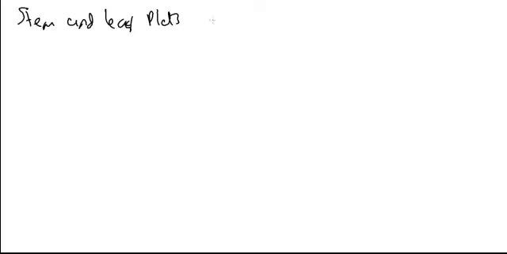So if you have a univariate data set, then we can just see what the frequency distribution is. So we're going to look at 3 stem and leaf plots building up to the back-to-back.